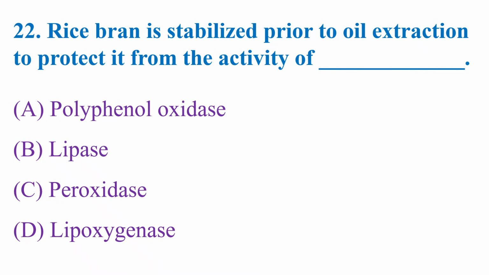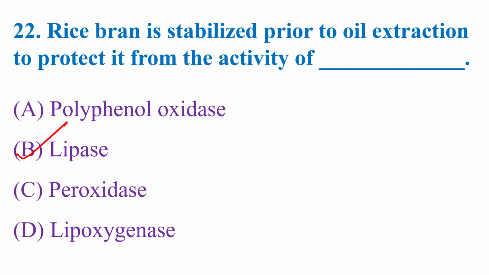So the lipase enzyme plays the main role. Actually this enzyme is the main concern because it will break down the fats, that means the lipids, into free fatty acids, which will cause rancidity or off flavors. Now this will reduce even the nutritional and the economic value of the rice bran oil.